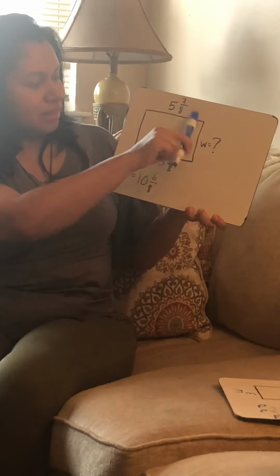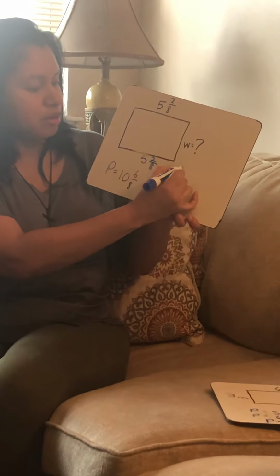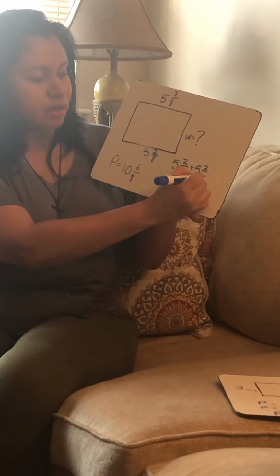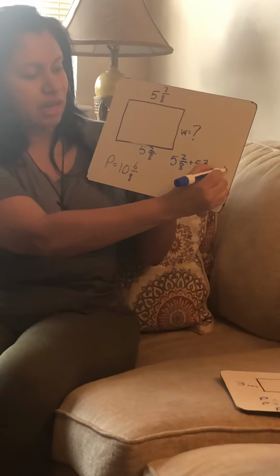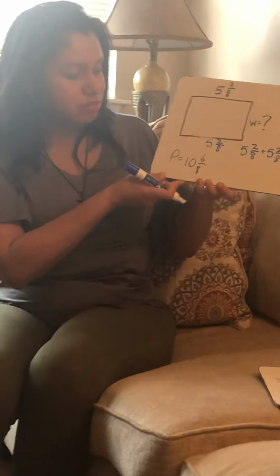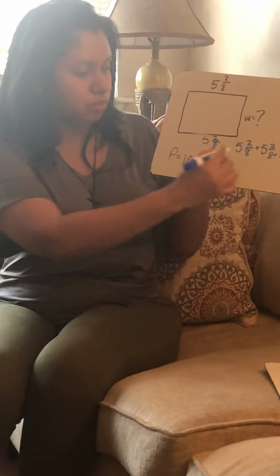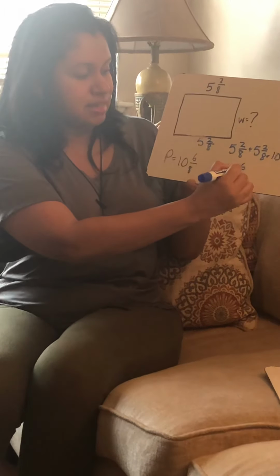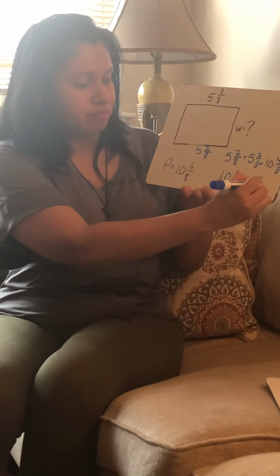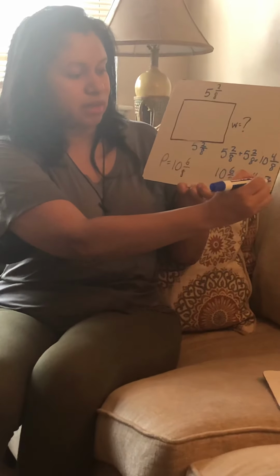Okay, so I'm going to add the 2 numbers that I know. 5 2/8 plus 5 2/8 equals 10 4/8, right? And then I have to subtract. I'm going to subtract the total perimeter, 10 6/8 minus 10 4/8, which is 2/8.